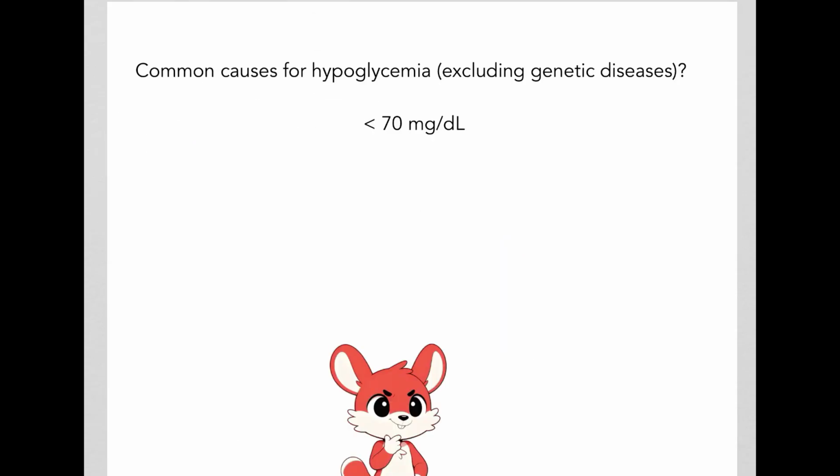Okay, so what about hypoglycemia, when the blood glucose goes below a level of about less than 70 milligrams per deciliter? So besides genetic diseases that we'll talk about in future videos, what are the common causes of low blood glucose?